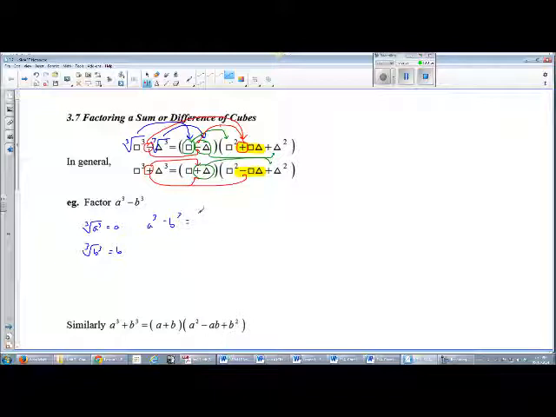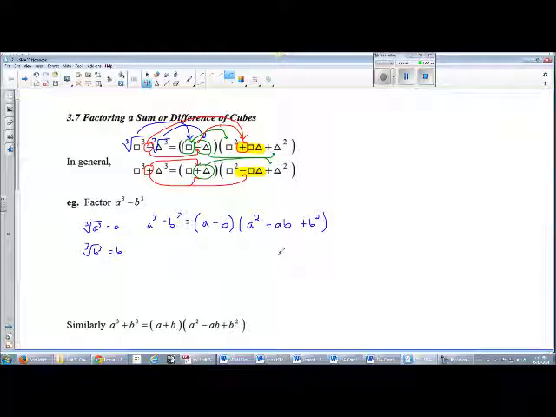We've got the short bracket, which is just a minus b, and it's minus because of the initial sign here. And then in the long bracket, we've got the first term squared, which is a squared. We've got the second term squared at this end, plus b squared. And in the middle, we've got the product of these with the opposite sign, so it'd be plus ab.